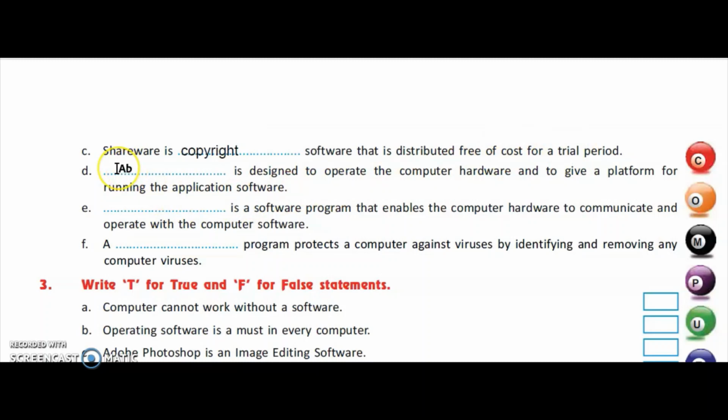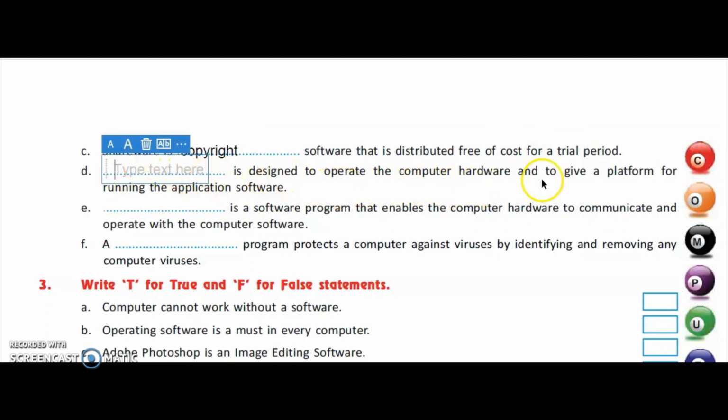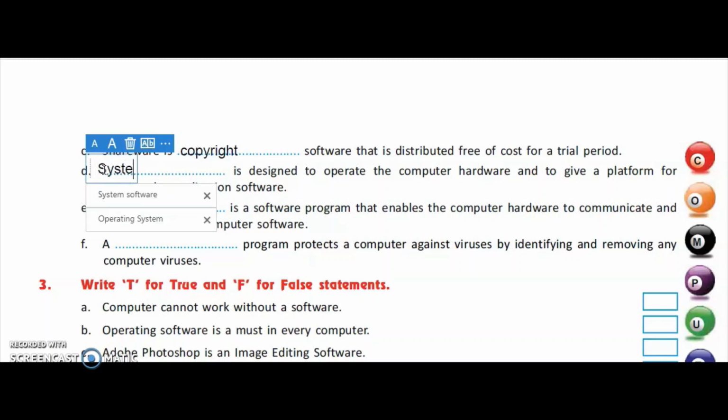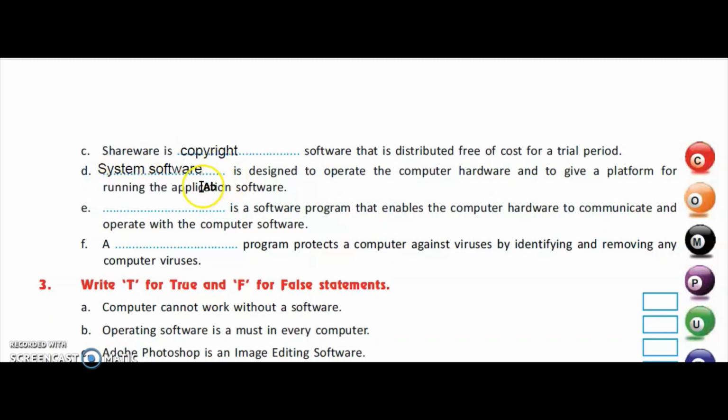Now the next one is dash is designed to operate the computer hardware and to give a platform for running the application software. Now the next one is dash is a software program that enables the computer hardware to communicate and operate with the computer software, and we all know which software enables us to communicate with the computer hardware.